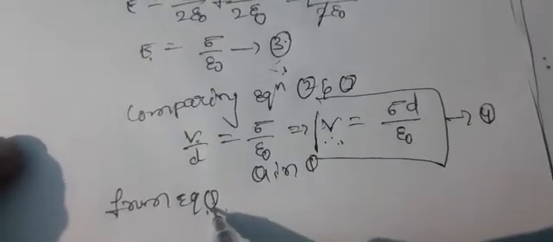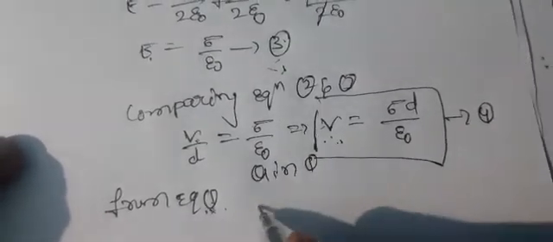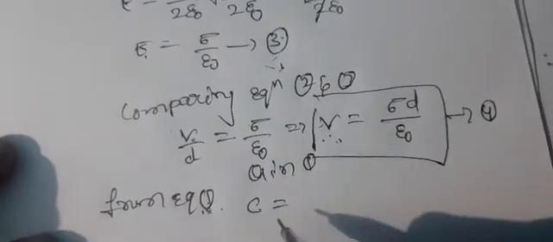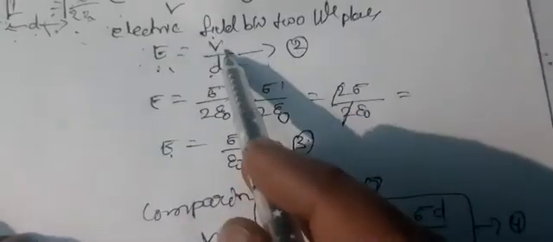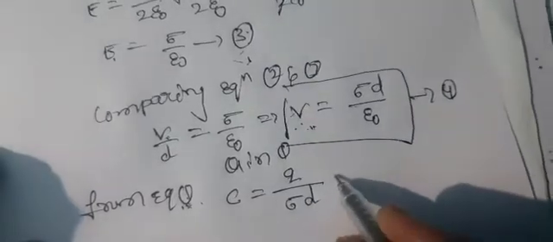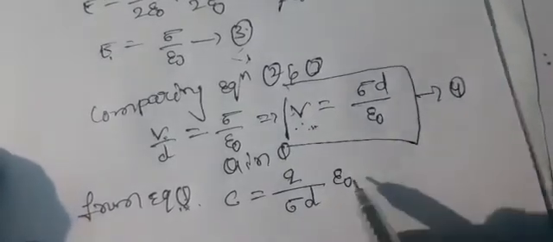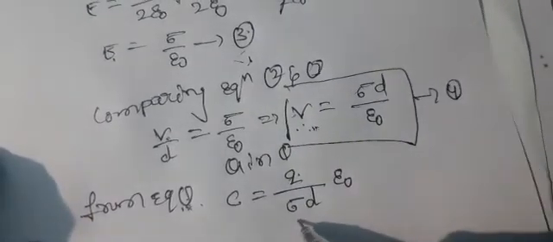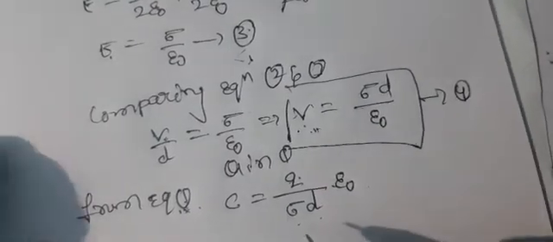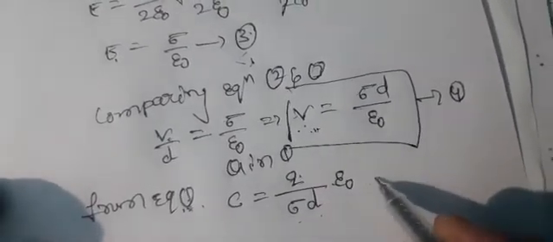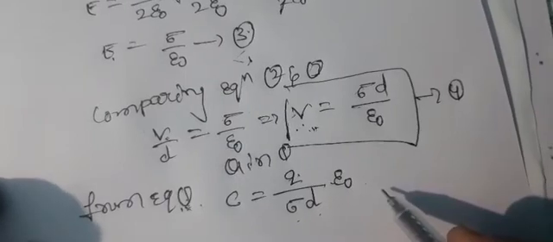Equation number 1 can be written as the capacitance of the capacitor C is equal to the charge Q by the potential difference V, which is sigma d by epsilon naught. So C is equal to Q by sigma d by epsilon naught.